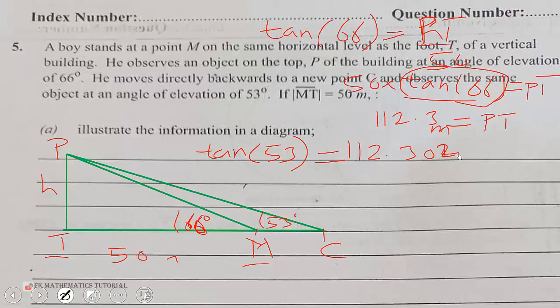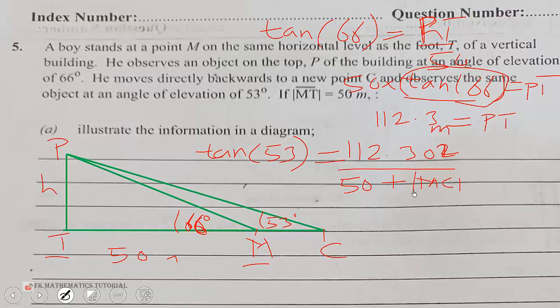So tan 53 is opposite, which is 112.302, over adjacent, which is TC, and TC is 50 meters plus MC, that is the magnitude of MC.